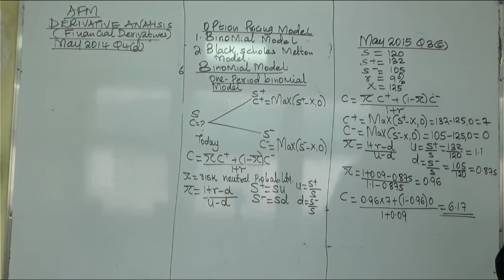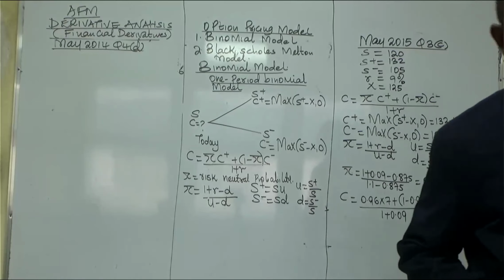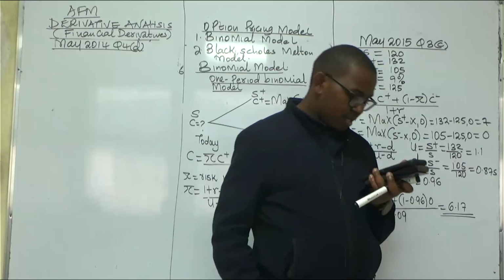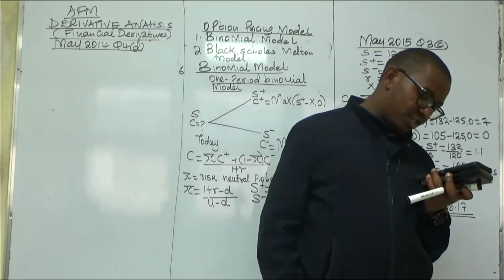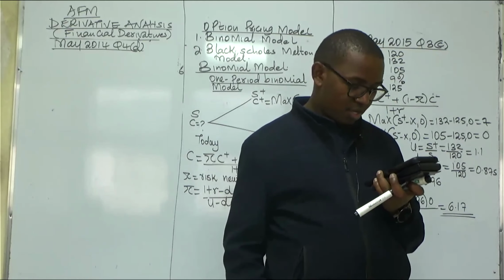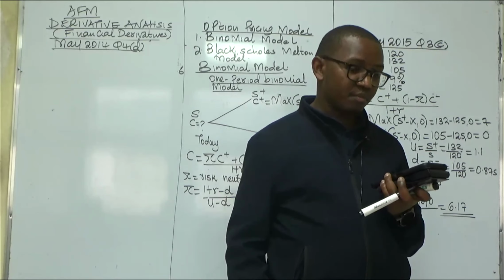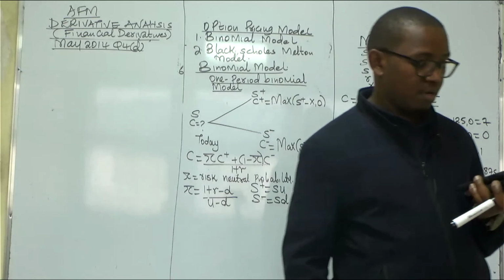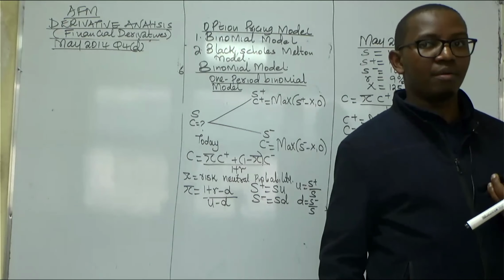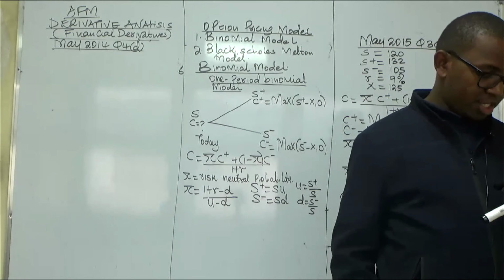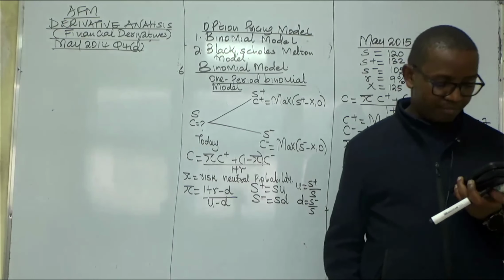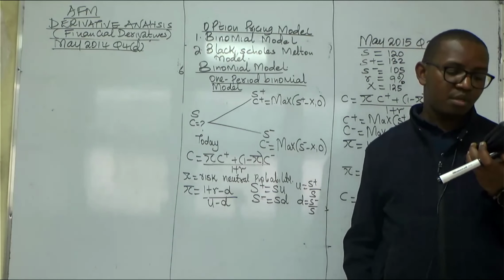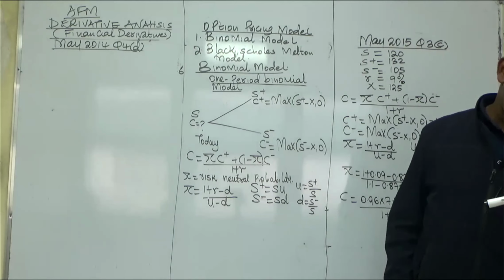A stock currently sells for 36. In the next 6 months, the stock will either increase to 42 or decrease to 31. The risk-free rate is 4% per year. You have to calculate the current price of the call option on the above stock.